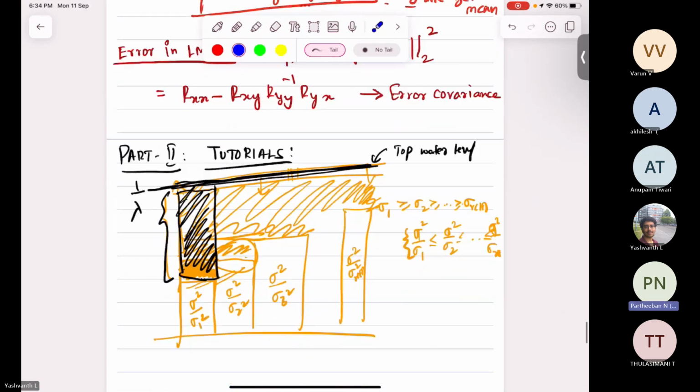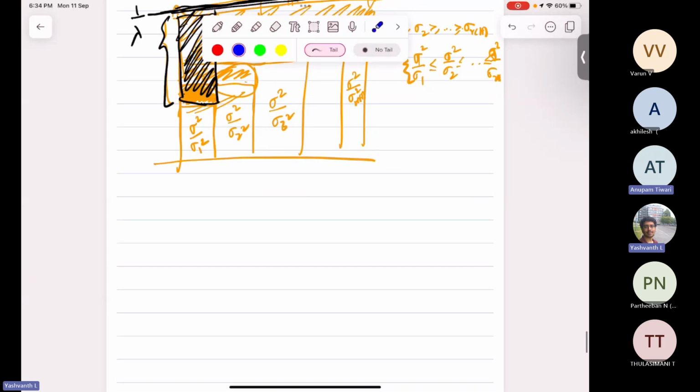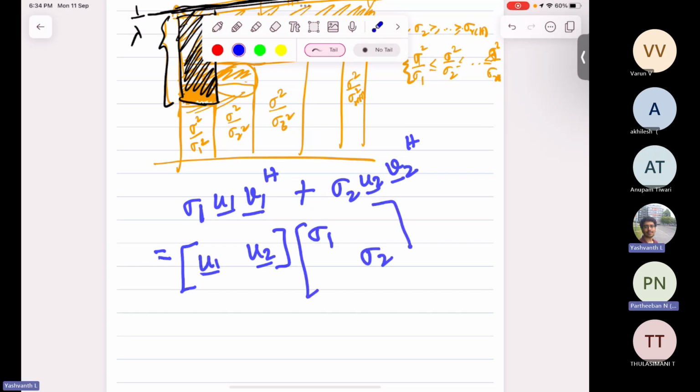Then the order gets changed? Yes, the order can change. See, it's like this: sigma 1 U1 V1 Hermitian plus sigma 2 U2 V2 Hermitian. You can write this as U1 U2 times diagonal sigma 1, sigma 2, times V1 Hermitian, V2 Hermitian.